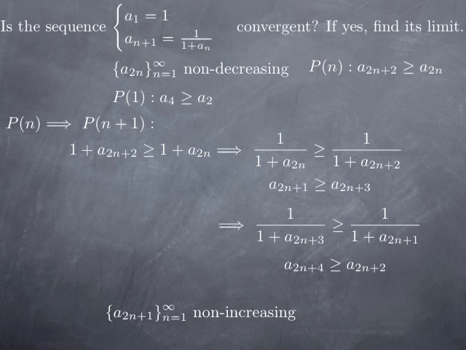That is the sequence a indexed by 2n. Now the sequence indexed by 2n plus 1 is non-increasing, and this would have to be done by induction again. We check that P(1) would be true, in other words that a3 would be less than or equal to a5, and then using the same argument, applying the function 1 over 1 plus x to the inequality twice is going to preserve the direction of the inequality.